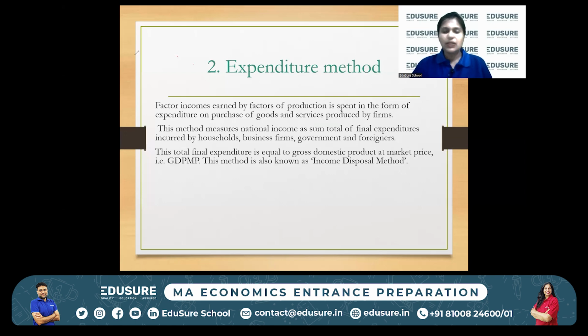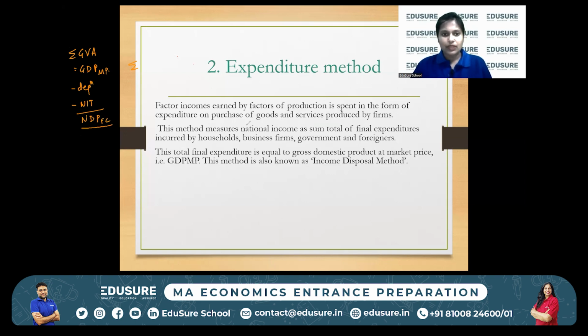Okay. In the previous method, the summation of gross value added was equal to GDP at MP, right? If you added the gross value added, it was GDP at MP. From that, you had to subtract depreciation and you had to subtract net indirect taxes to arrive at NDP at FC, which was domestic income.